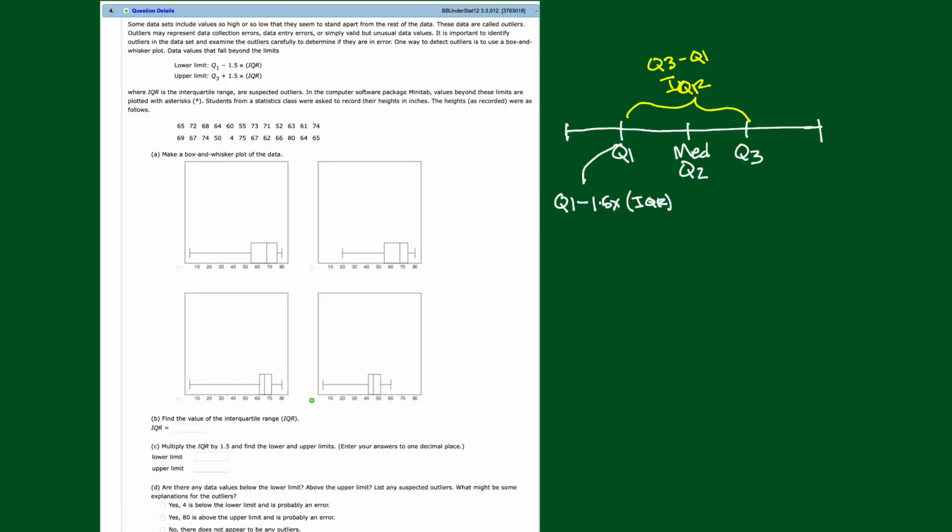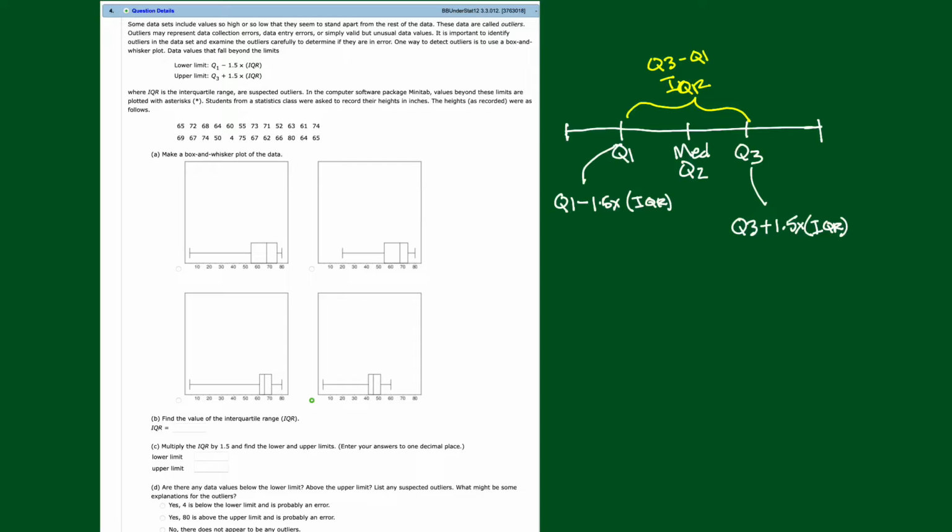So to get the lower limit, you take the first quartile number and subtract 1.5 times the IQR. To get the upper limit, that's this one down here in the picture, you take Q3 and add 1.5 times the interquartile range.